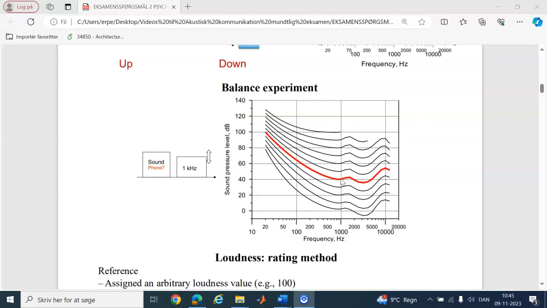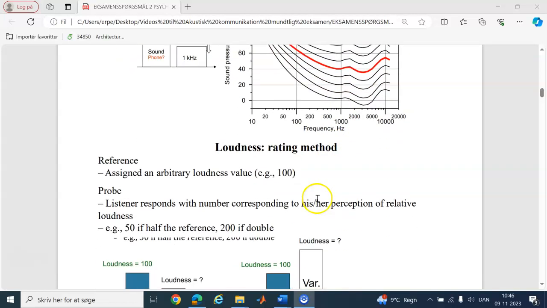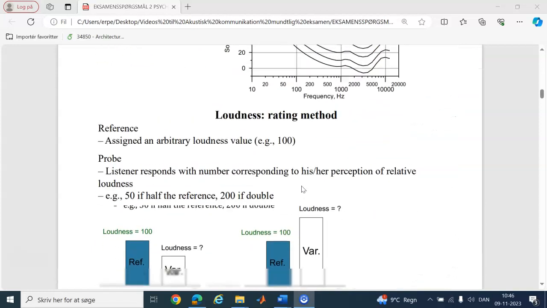A tone with 1 kilohertz with 40 dB SPL also has 40 phones. The reference is assigned an arbitrary loudness value, for instance 100.